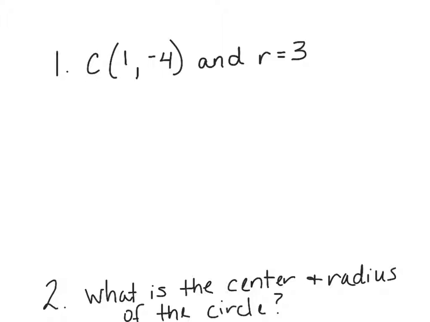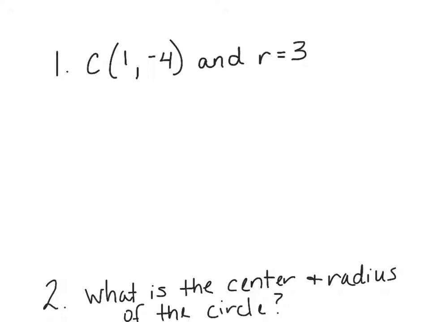So I've made up my own two questions. Feel free to just copy these down on your book somewhere where you have some white space. So what if you're given the center of a circle is (1, negative 4) and the radius is 3, and you are asked to write the equation?